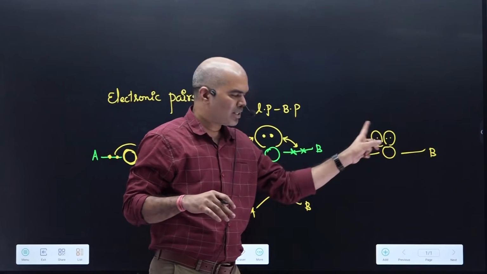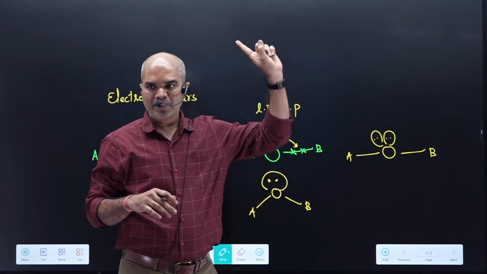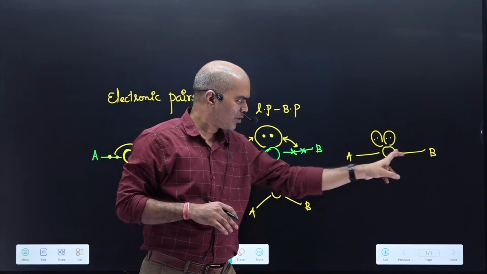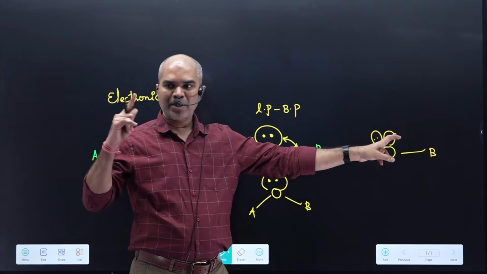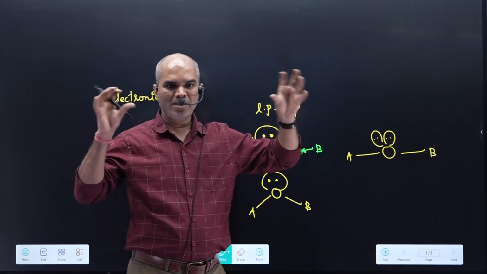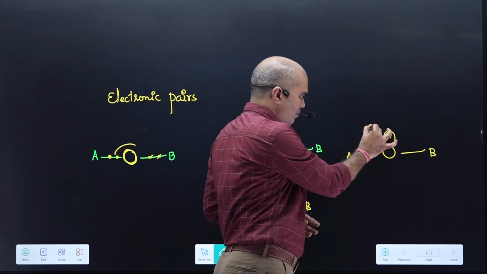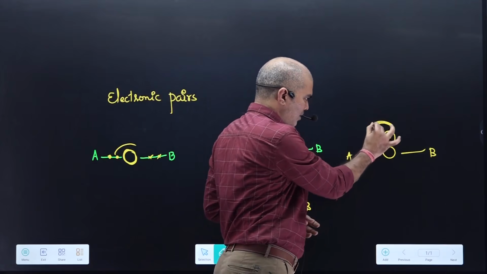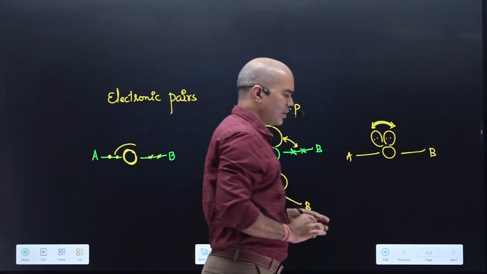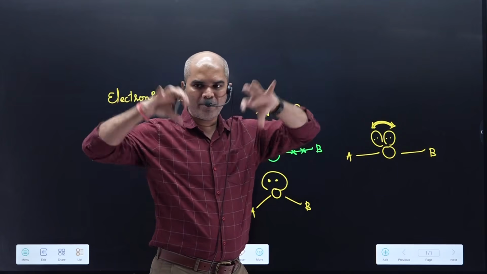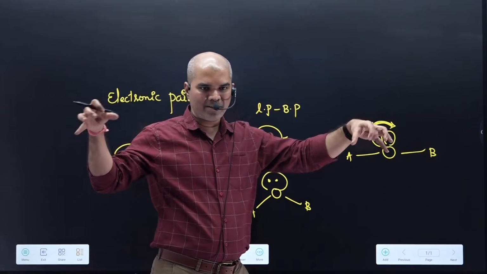So their repulsion will be the maximum. Suppose I find a lone pair, I find another lone pair, I find bond pairs. Localized pairs will repel to a greater extent. So lone pair repulsion will have the maximum magnitude, because they are local, they occupy more space, more repulsion.